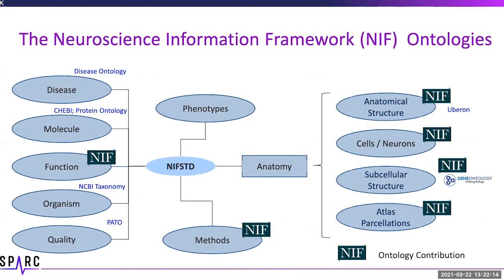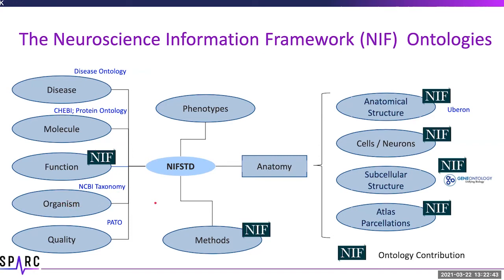Now, in terms of the overall set of Spark ontologies, that has grown out of the work that we've done in developing the ontologies from the Neuroscience Information Framework. And here what we're just highlighting briefly is some of these different ontology modules, such as disease, pulling information from the Disease Ontology; molecules, there's ChEBI and the Protein Ontology; organisms, there's the NCBI taxonomy.